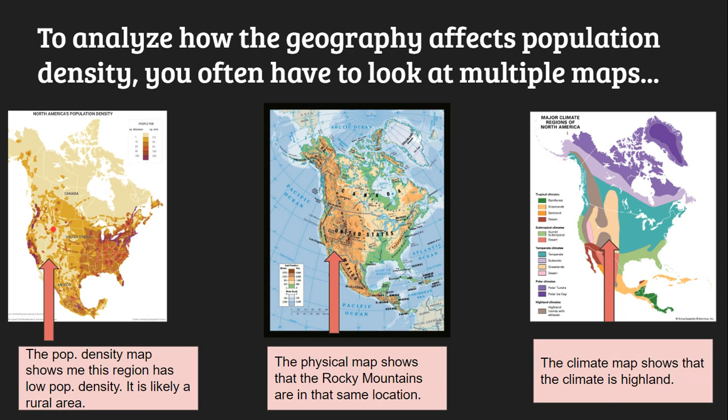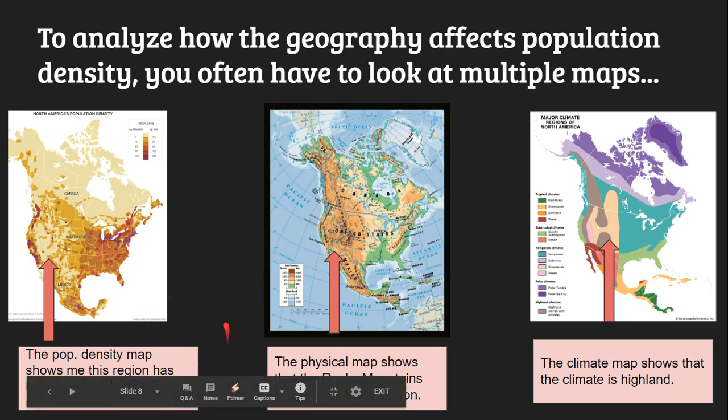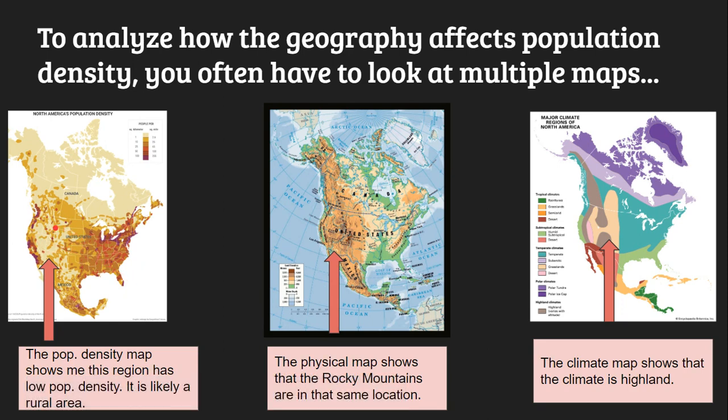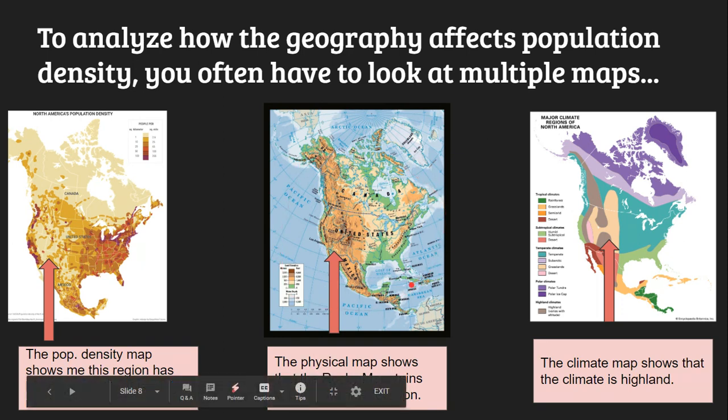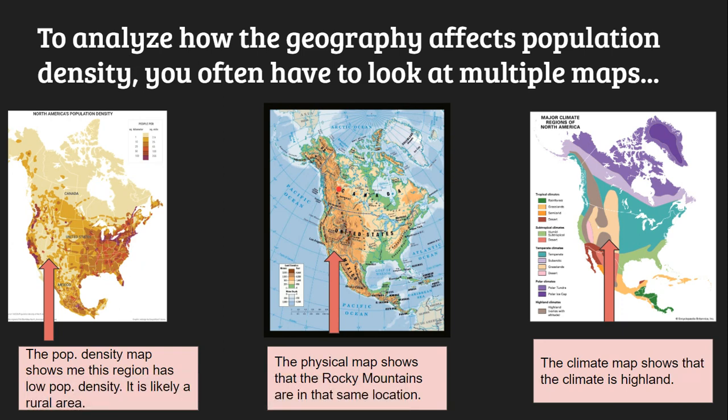Why are there not a lot of people living in this part? One suggestion could be maybe because this is a rural area. But if we look at the map that shows us the physical features, we notice that there are Rocky Mountains in this area right here on this map.